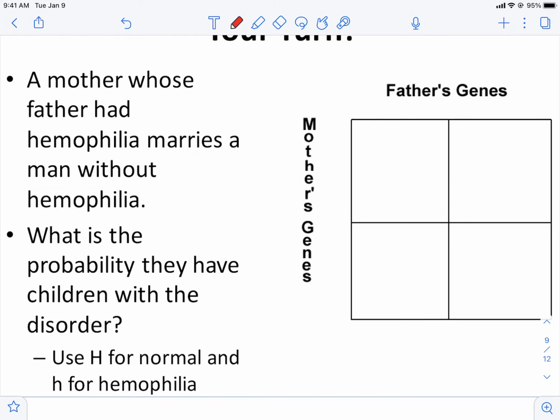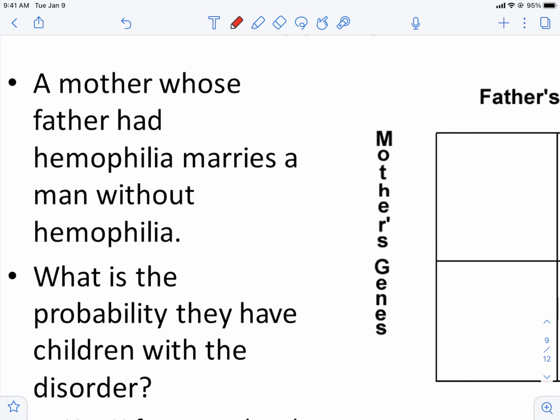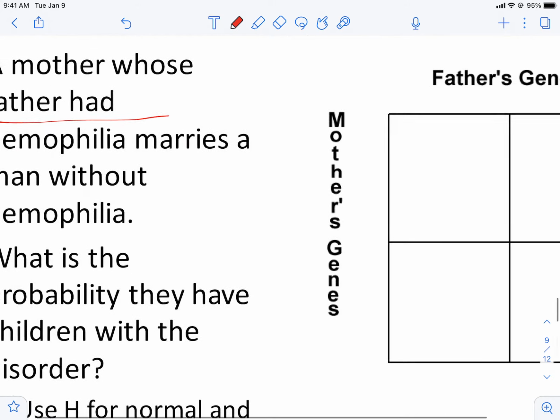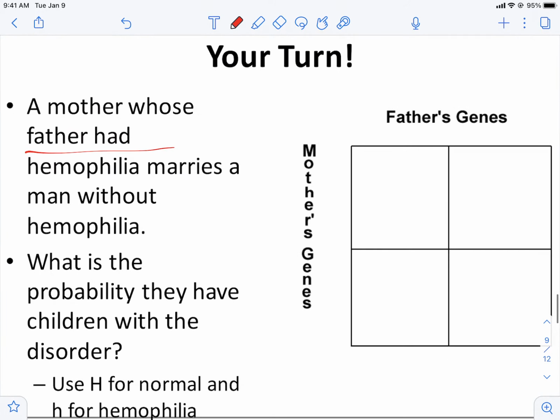So let's do an example. Hemophilia is X-linked recessive. So let's do this Punnett square. A mom whose dad had this sex-linked recessive trait marries a man without hemophilia. So the guy doesn't have hemophilia, which is a recessive trait. So if he does not have it, he's dominant.